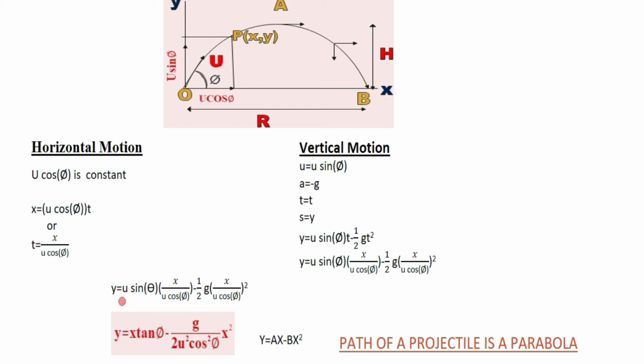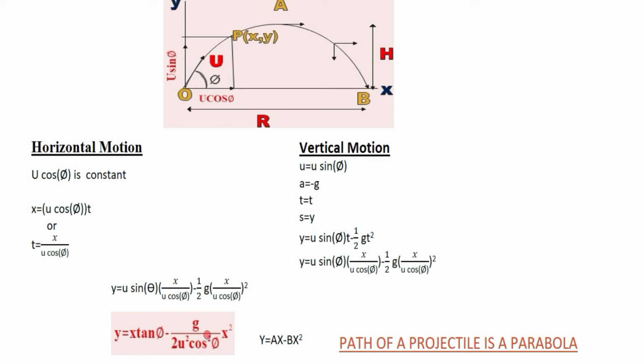Now this u and this u will get cancelled, then sin phi by cos phi will become tan phi. If I arrange all these, what will I get? y is equal to x tan phi minus g by 2u square cos square phi into x square. This is the final equation.